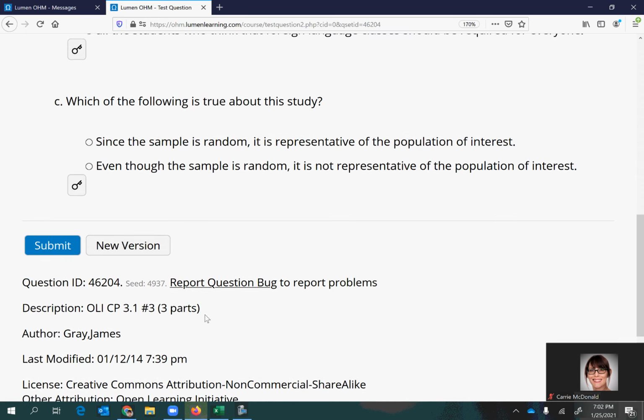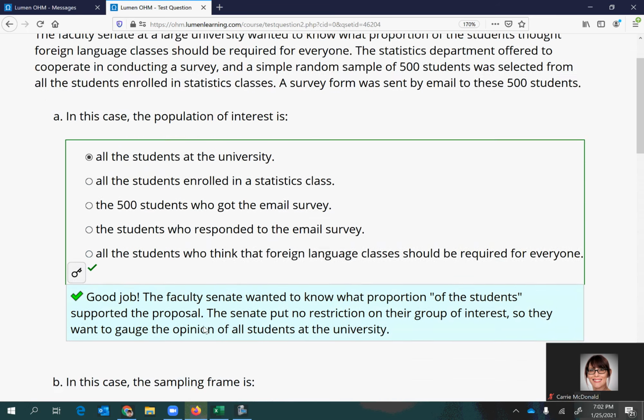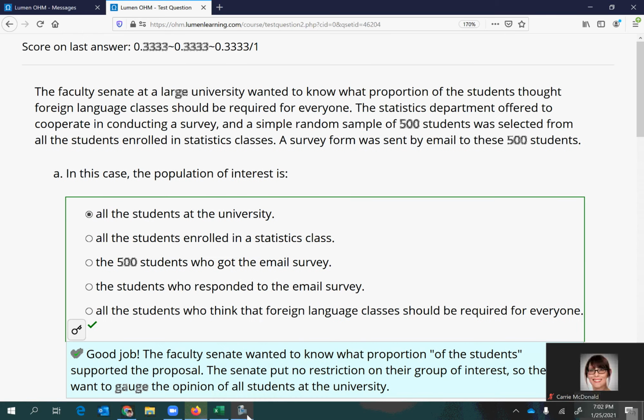So just being simple random isn't necessarily enough for it to be representative of the entire population of interest, the entire population of all the students at the whole university. So let's choose the second one. Even though the sample is random, it is not representative of the population of interest. I have to go with that. Yeah, so let's see. Yep, all right. So that's how you answer that question, and we're moving on.